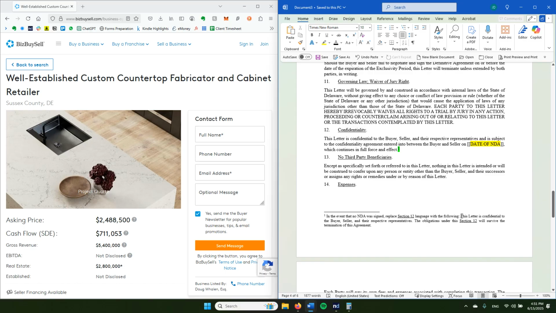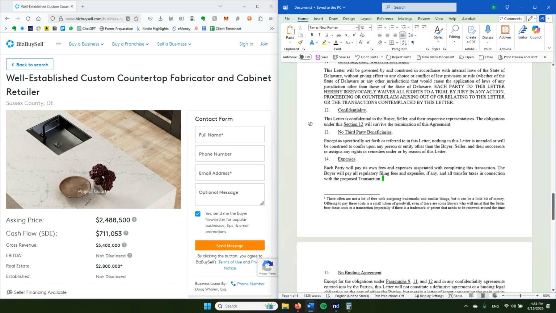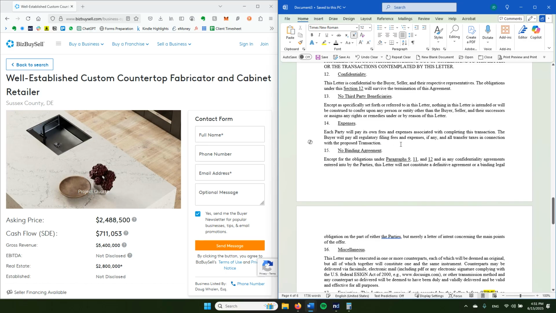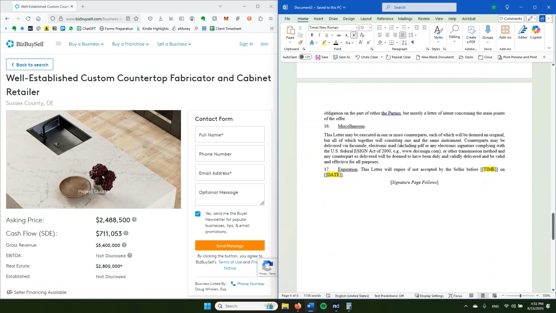If you had signed an NDA, you would fill in the date, but I haven't, so here we go. And then we're not going to do anything fancy with expenses or fees.